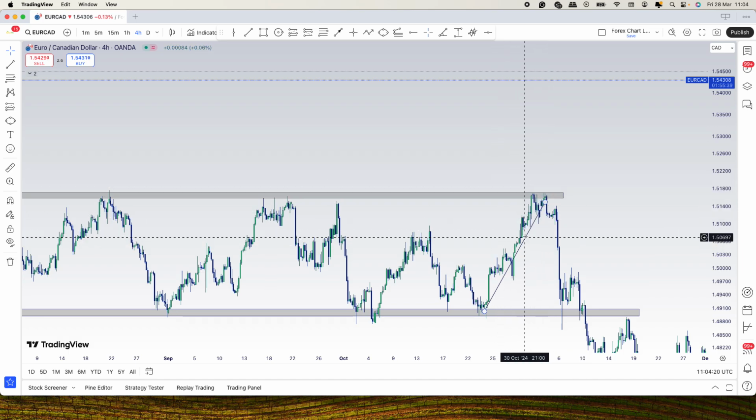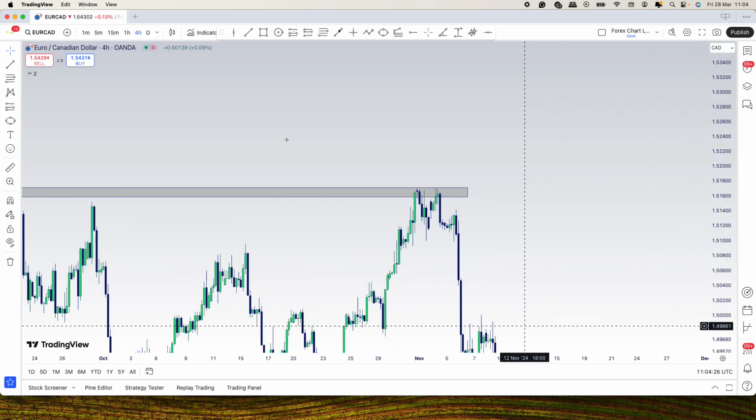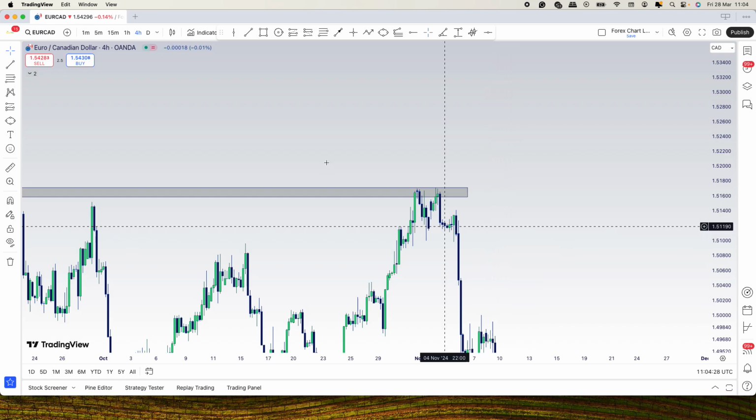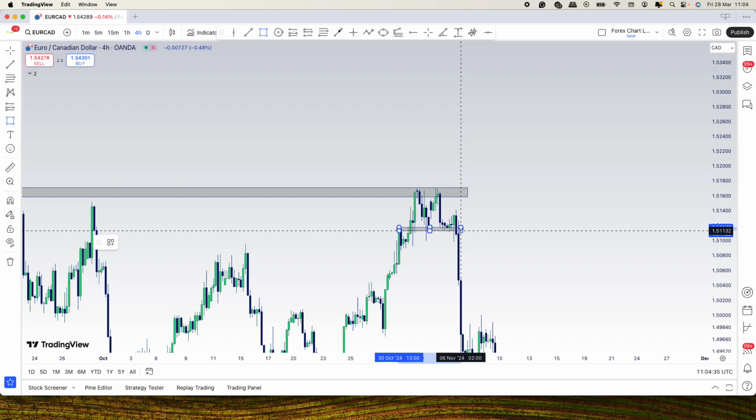And this is where you start looking for entry, and we are looking for another level to enter at. Now we're on the 4 hour here, so we're looking for market structure at a previous high. This previous high here, getting some good rejections off this level.